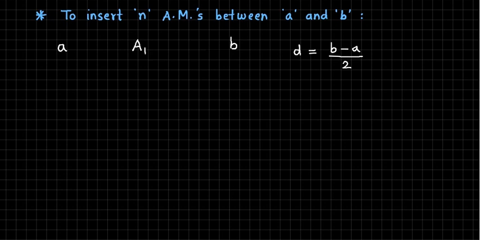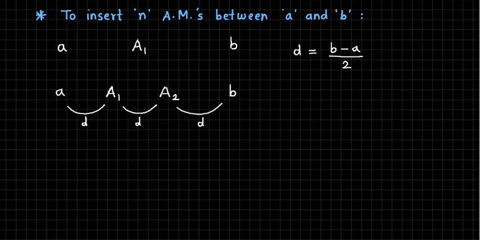Now let us see what do we get when we have to insert two arithmetic means. Let's denote them as say a1 and a2. Now we can see that when there are two means, they will divide the entire interval into three parts and each part has the difference denoted by d.